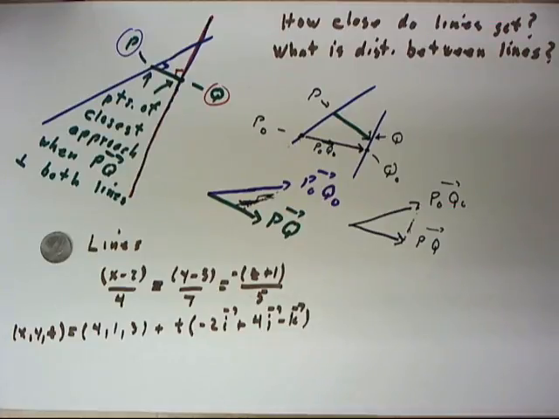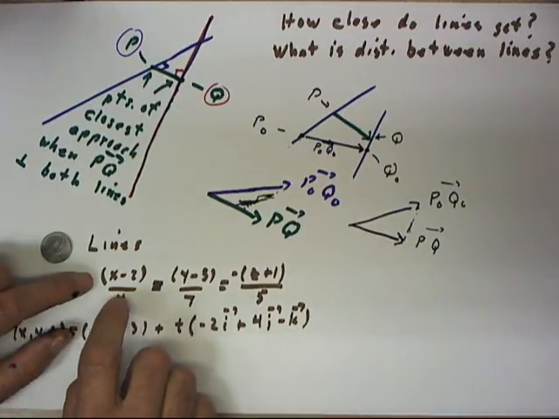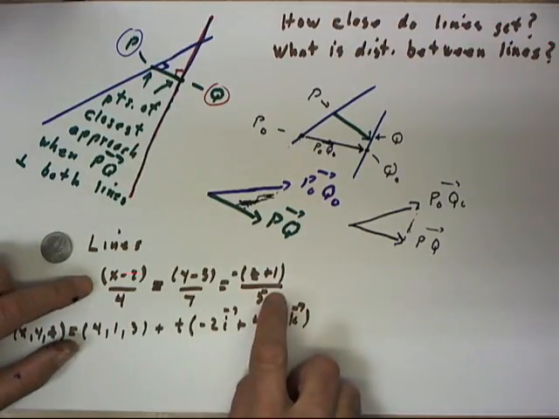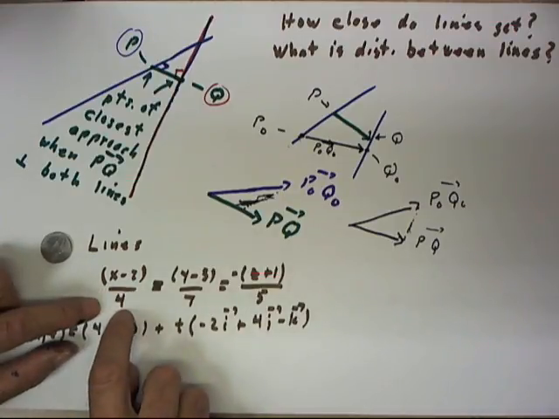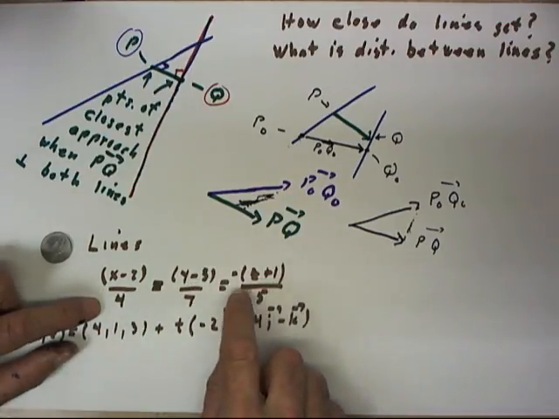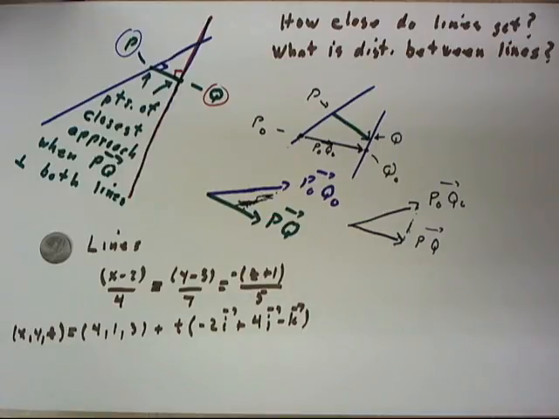Now, let's just say we have two different forms of the equations of these lines. The lines are, let's say, in parametric form. The first line is (x minus 2) over 4 equals (y minus 3) over 7 equals (negative z plus 1) over 5.